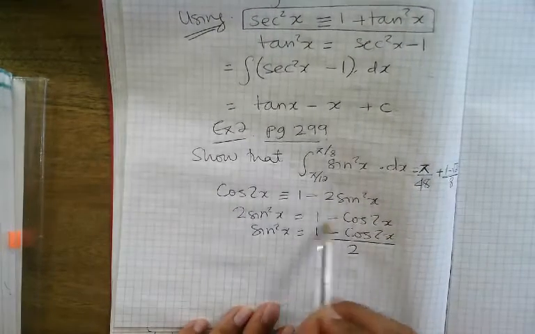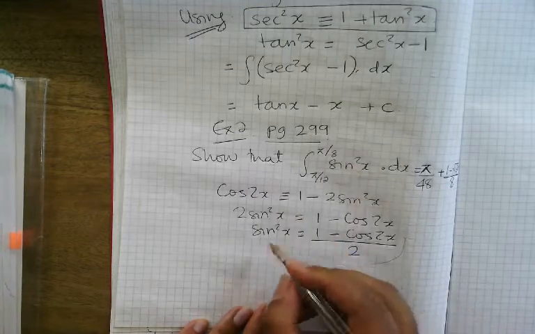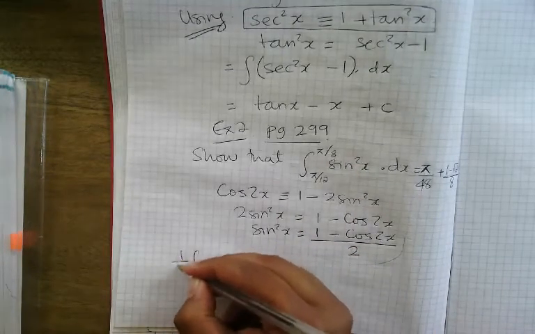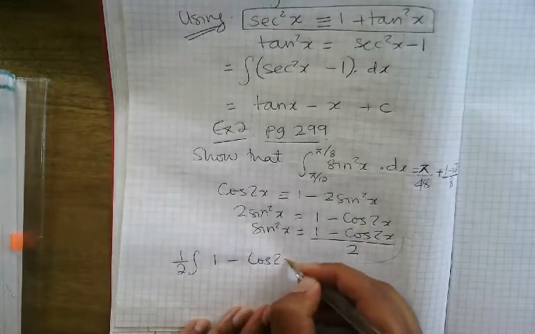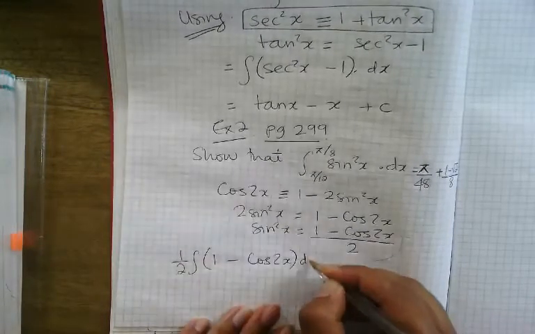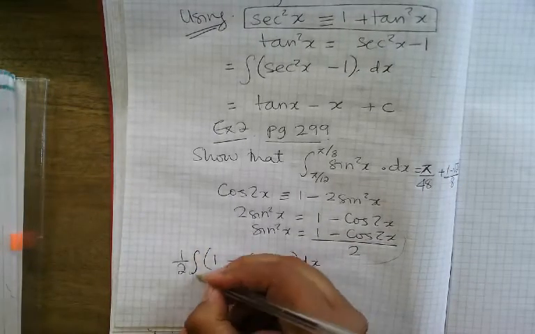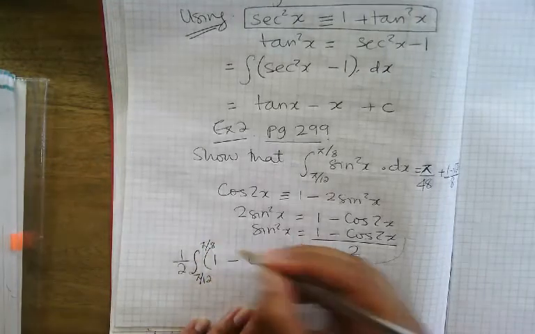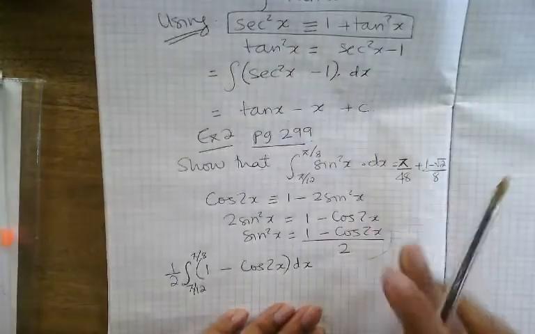So this is something that I can integrate. I'll substitute that in, take the half out, integrate 1 minus cos 2x, and substitute my limits in as well. Hopefully I'm going to come down to the answer on the right hand side.